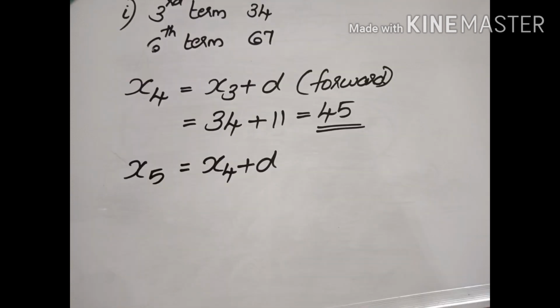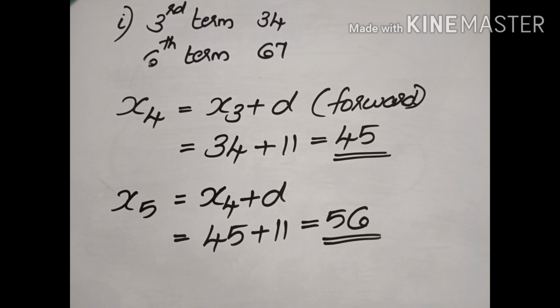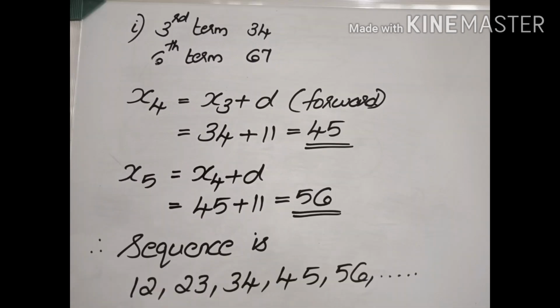Now to get the fifth term, again we have to add common difference, that is x4 plus d, that is equal to 45 plus 11, that is equal to 56. So sequence is 12, 23, 34, 45, 56, etc. So this is the sequence.